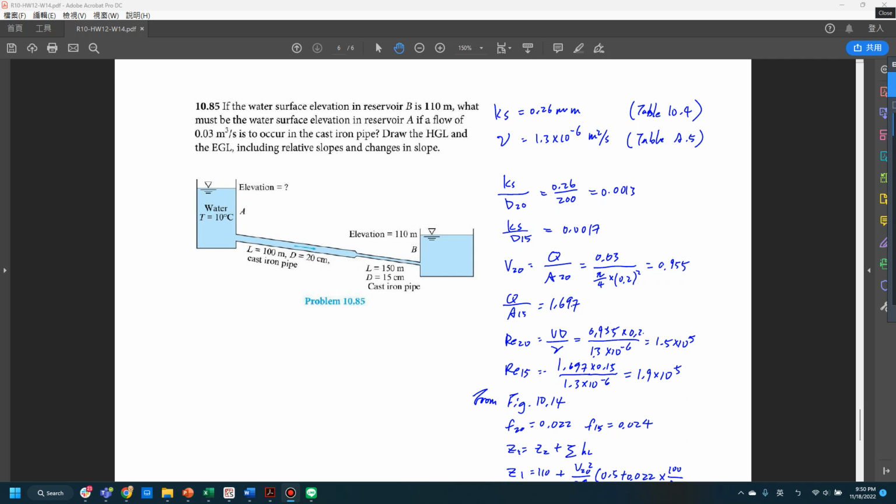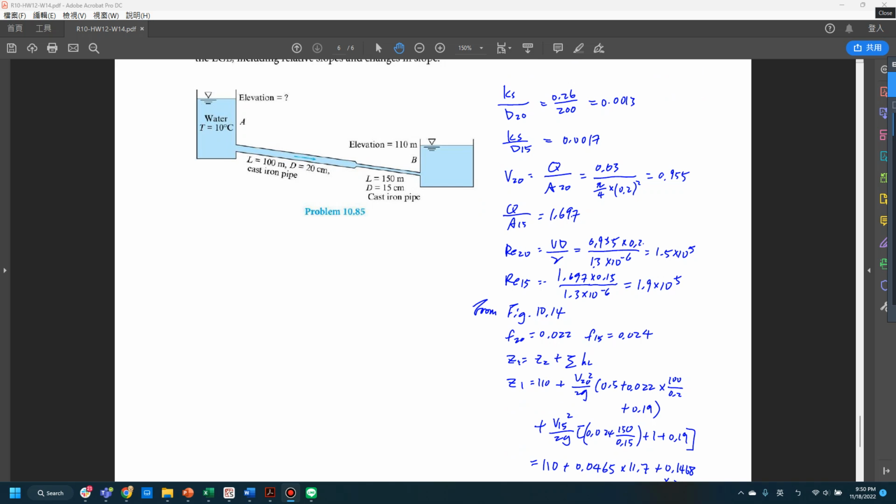So again, we need to use the energy equation to build the relationship between the upper reservoir and the lower reservoir. And because they don't have the pressure term or the velocity term, the only reason that causes the difference in their elevation is the head loss.